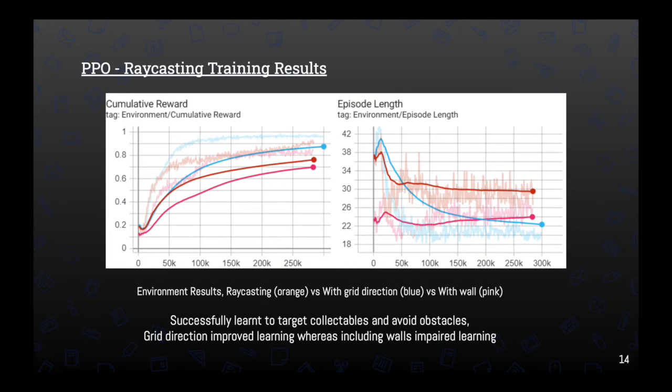Now, 3 experiments with raycasting were approached. One was simply with just the 6 rays as observations. The other was with 6 rays and on top of that, a vector observation of the grid direction in which the agent is currently facing. And on top of that, for the third variation, walls were included in the game as a secondary obstacle form alongside the boundaries and body parts.